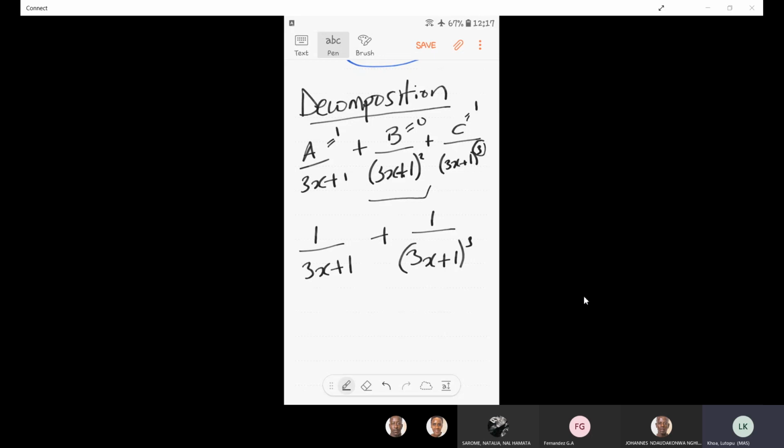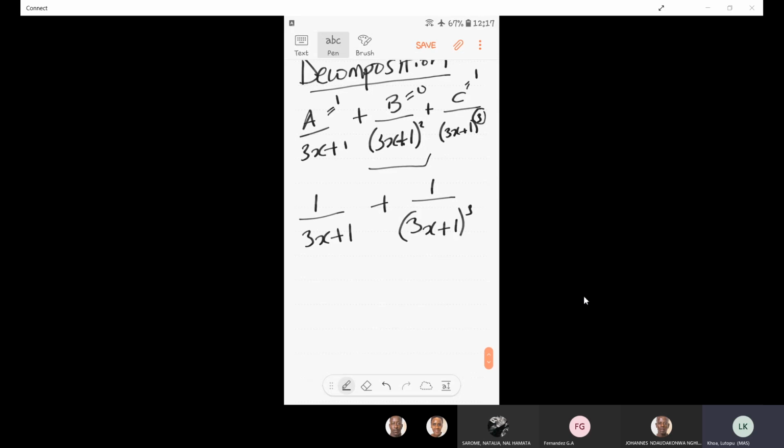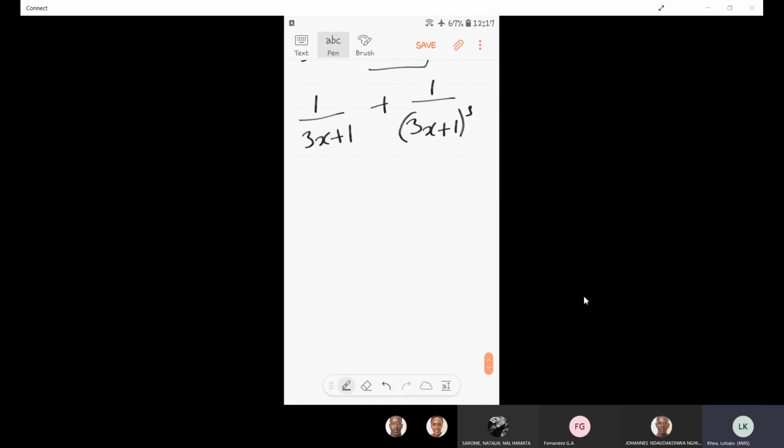And if you have more than one that is repeated, let's say for example I give you this, so you can try this one later. Let's say I have x over (x minus 1) squared and (x plus 1) squared. Here I have 2 repeated terms. I must still do it in the same way.